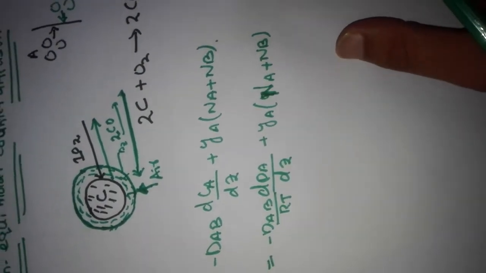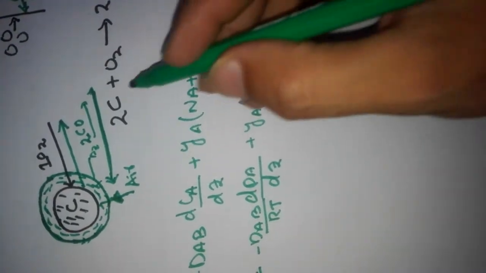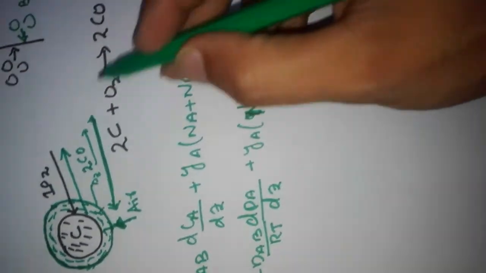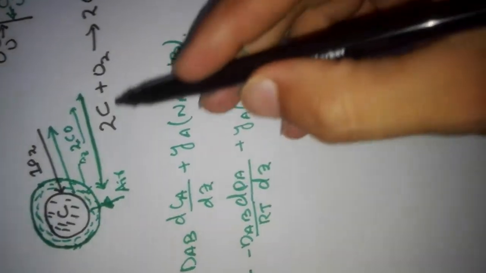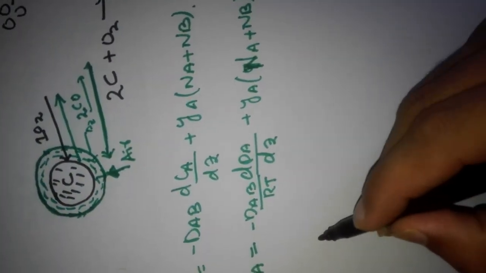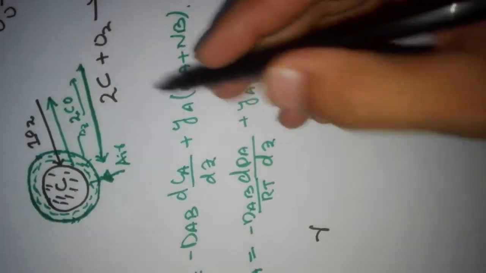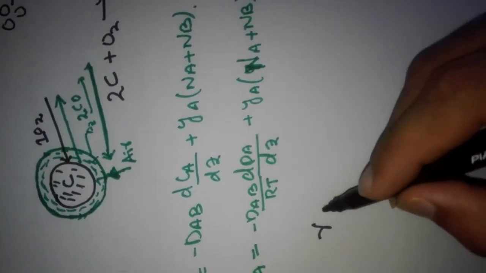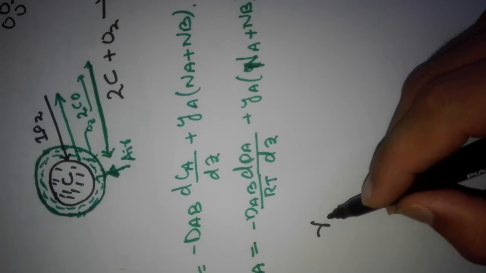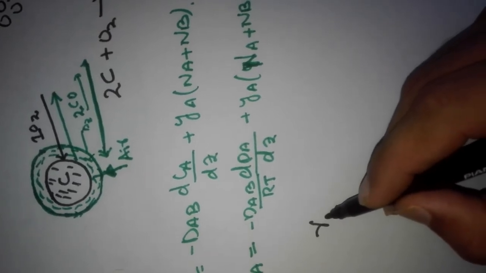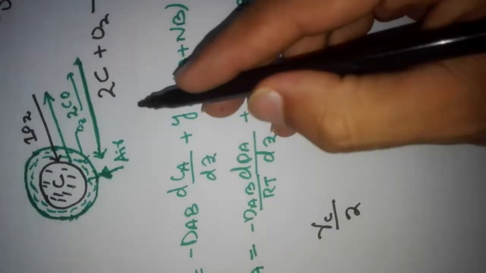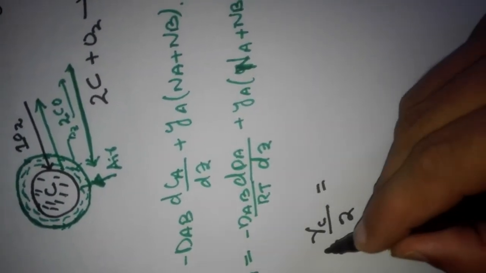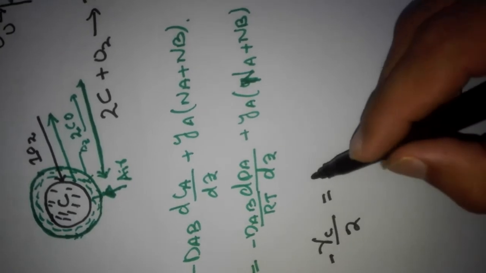So we can also say that from stoichiometry this relation can also be written as rate of consumption of carbon divided by 2, the stoichiometric coefficient, and for the reactant we put a negative sign.